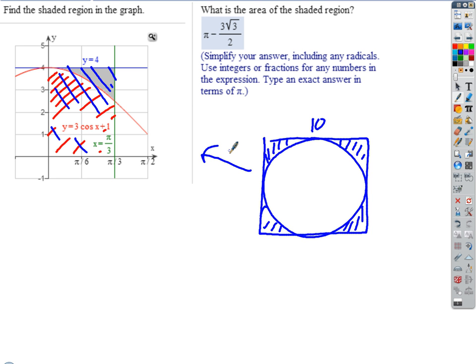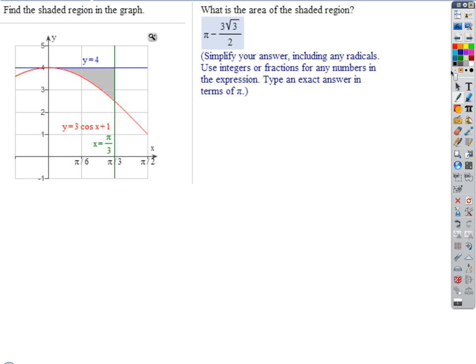So this just becomes, then, well, here we can even color code this, can't we? So this becomes the integral of, what's the top function? What's the blue line? 4, yeah.